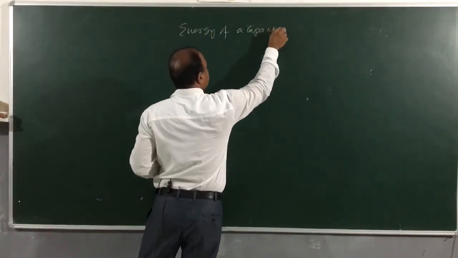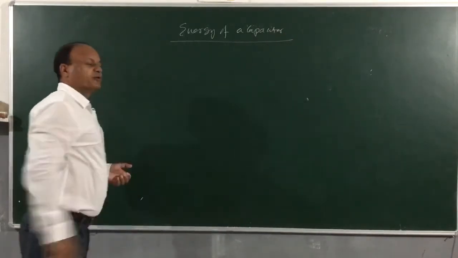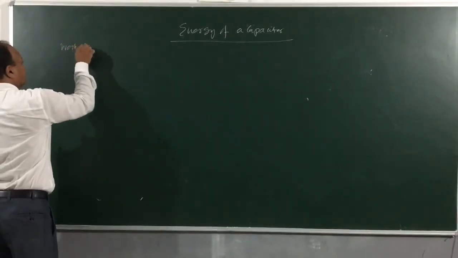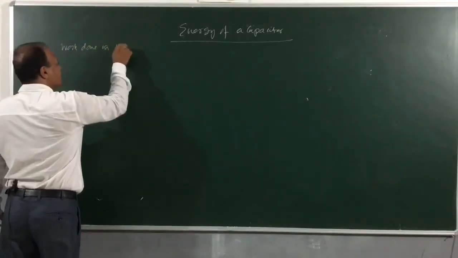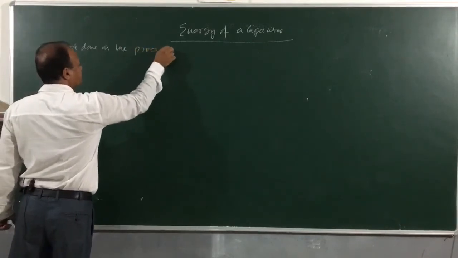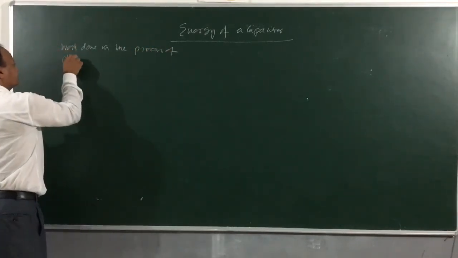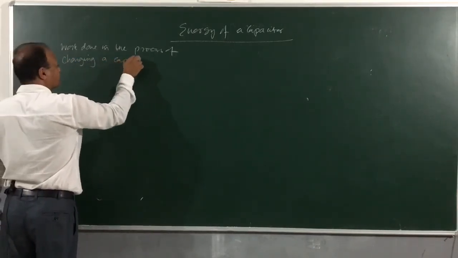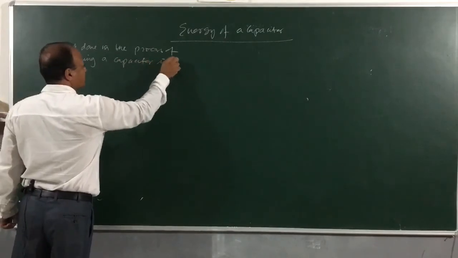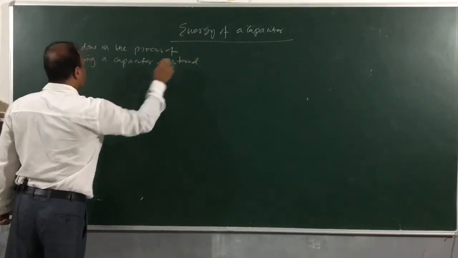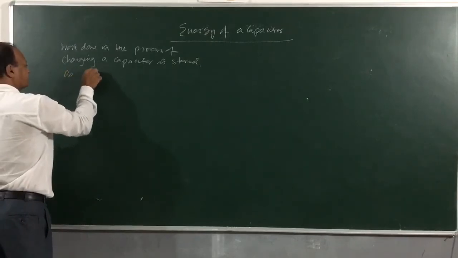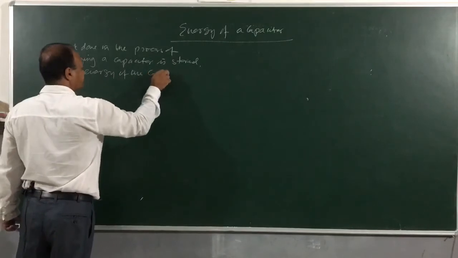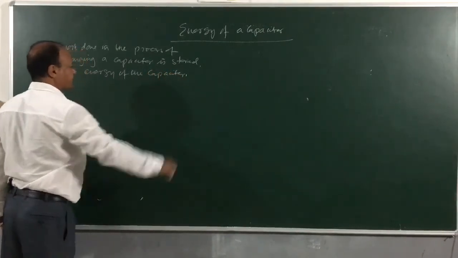So children, this is basically electrostatic potential energy, and we'll say work done in the process of charging a capacitor is stored as energy of the capacitor.